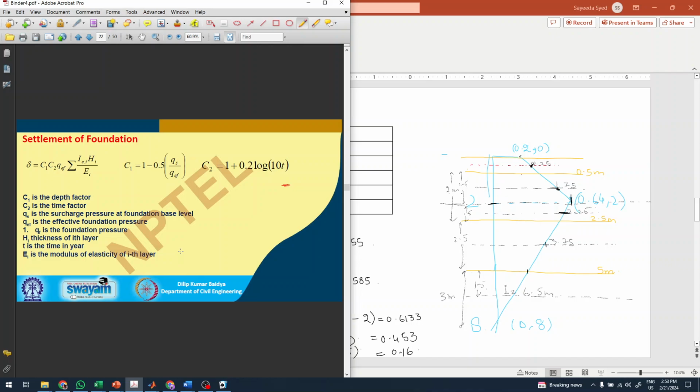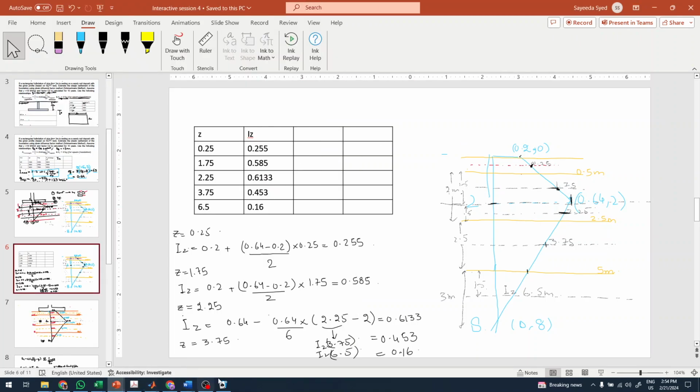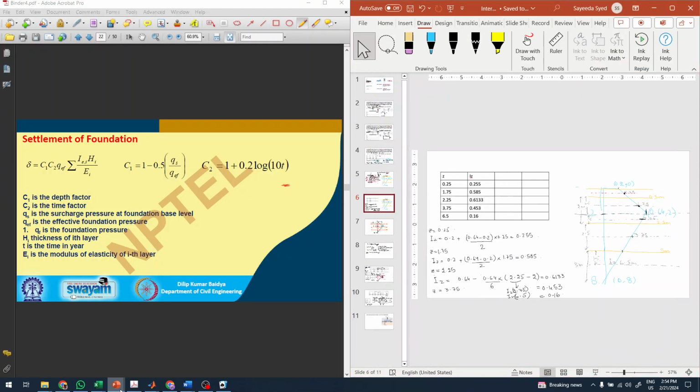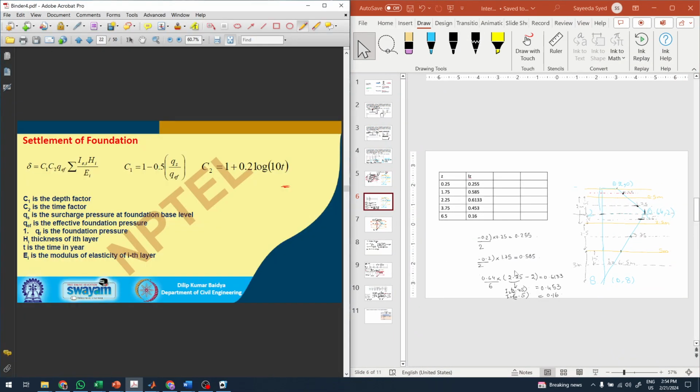So after we have calculated the I's for each case, what we need to do is calculate the C1, the C2, the q effective we know, and this entity, the strain influence factor multiplied by the depth of that strata divided by E.